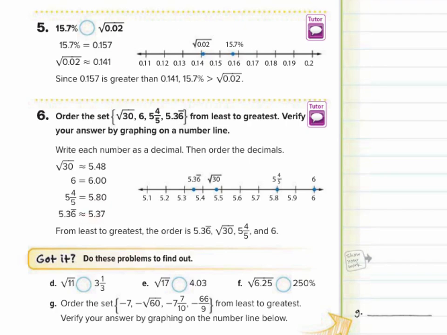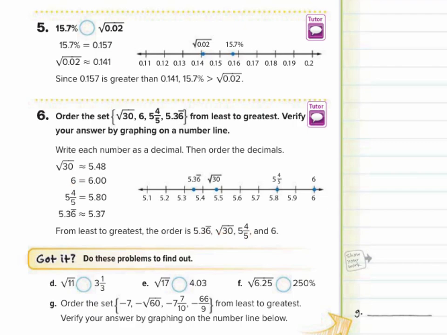And so look in your ones place. You have 3 5s and a 6. We want least to greatest, so let's narrow in on our 5s. As we go to our tenths place, we have a 3, 4, 8. Well, 5.36 is first, then the square root of 30, then 5 and 4/5, and that's what you see here. 5.36 repeating, the square root of 30, and 5 and 4/5.